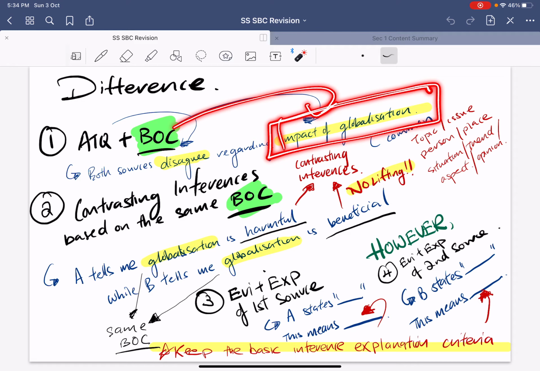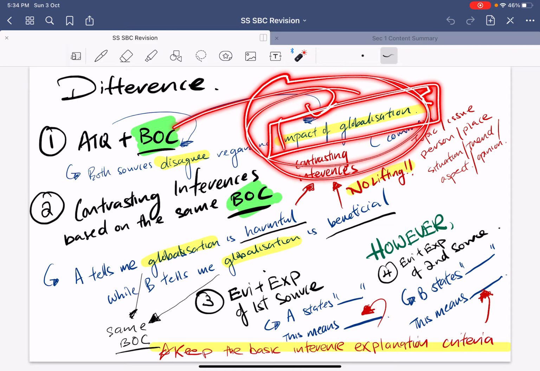Is there an inference here? No, I didn't tell you any inferences about what exactly the impact is. I'm just pointing out what the common topic or basis of comparison is that I'm exploring from both of these sources, and that is the impact of globalization. So your first line should not have any inferences at all. It should just list down the criteria that you are comparing.